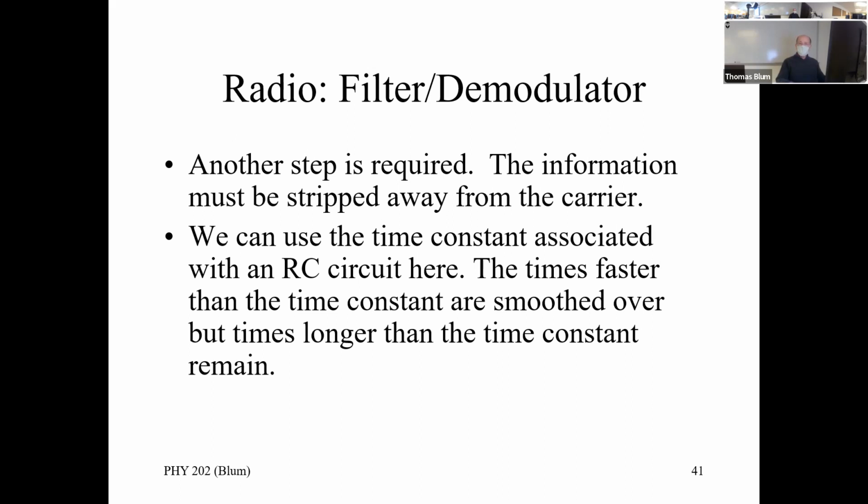A combination of a diode and a capacitor will get rid of the sine wave that was just carrying my information and help me separate my information from my carrier. I'm not going to have you do anything with demodulators. I'm just going to give you, here's an LC circuit, measure a period, compare it to a theory, be done. But I just want you to explain why these devices are useful.